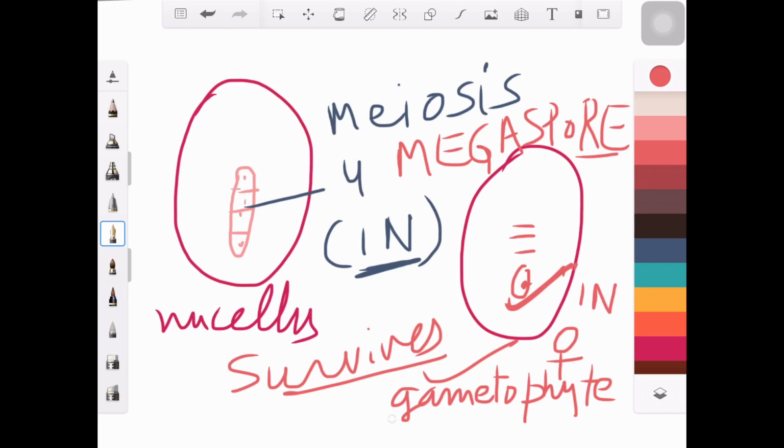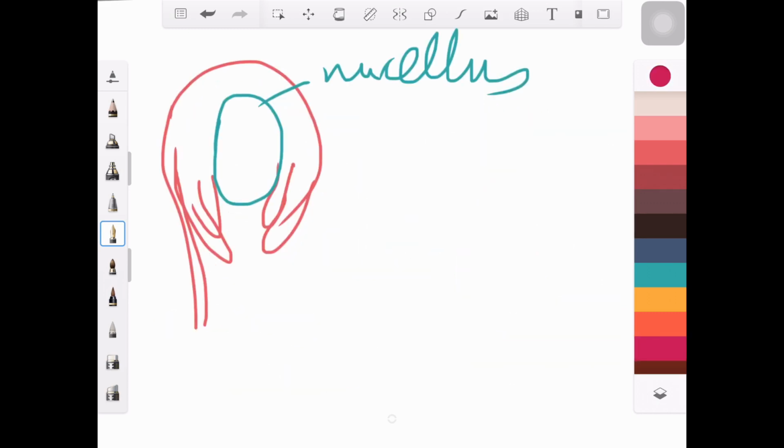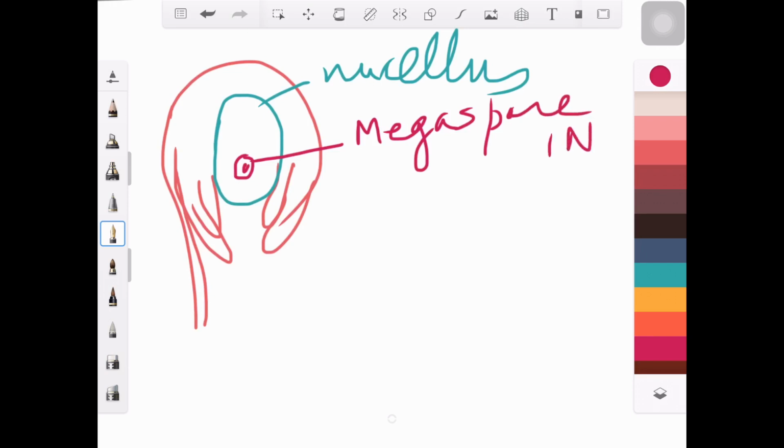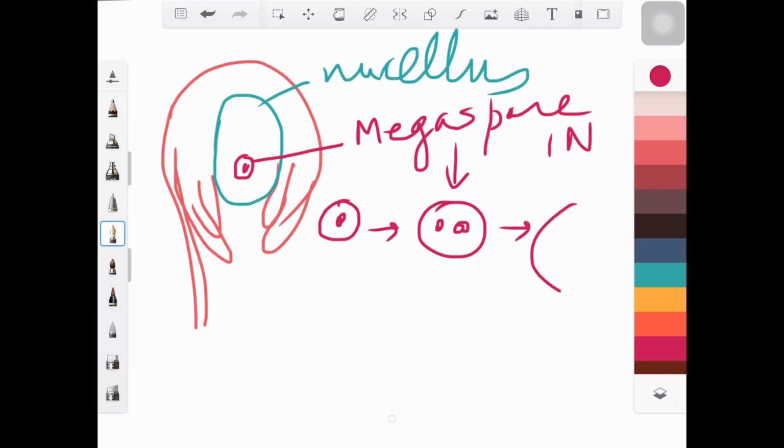and what happens to this. Here we had drawn the single cell which had grown the megaspore, right? Due to meiosis, it is 1n. What happens to this is that it will give rise to 2 nuclei. These 2 nuclei will divide into 4 nuclei.